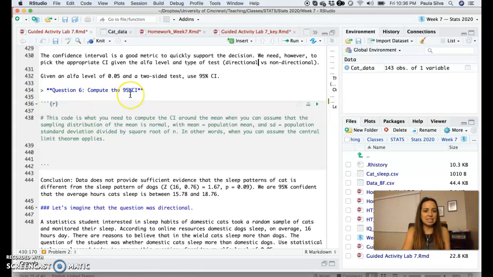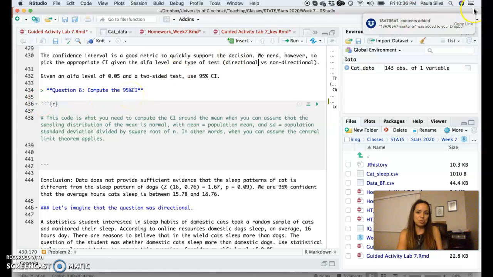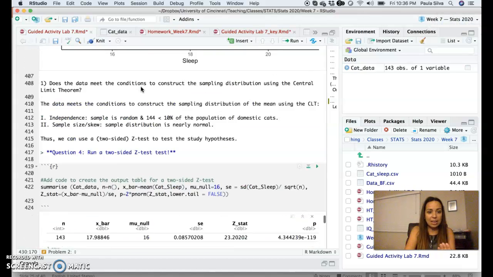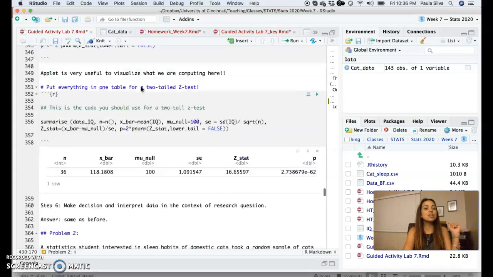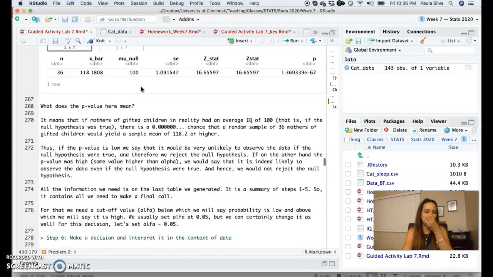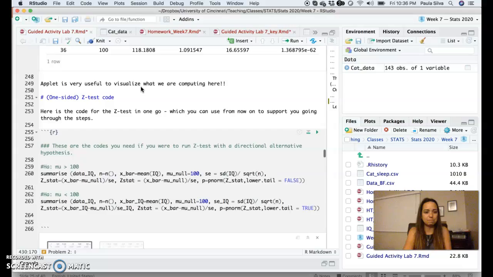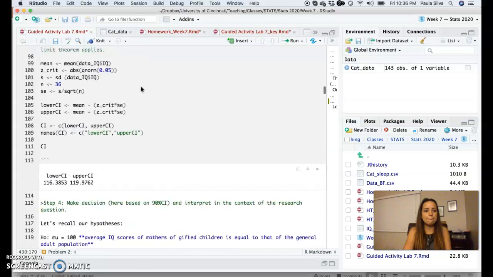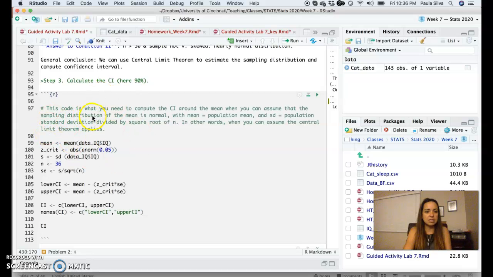So question 6 then is for you to compute the 95% confidence interval. So what you need to do is go back and find where I say, here is the code that you will need to use when you're computing confidence intervals. So let's find it. Right here. This is the code that you need to compute confidence intervals.